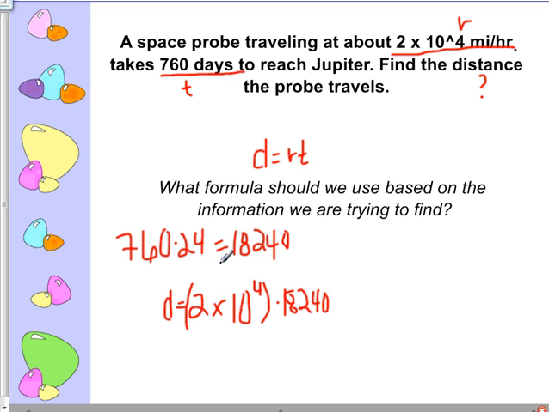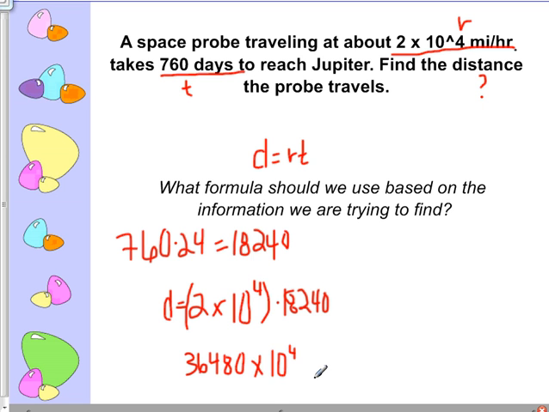All right, so as you know from learning about multiplying scientific notation, we are going to multiply this 18,240 by 2, and that's going to give us 36,480. All right, and that's going to be times 10 to the fourth power.